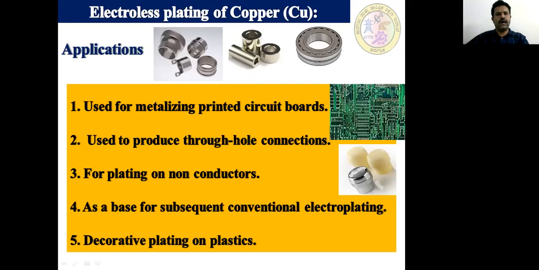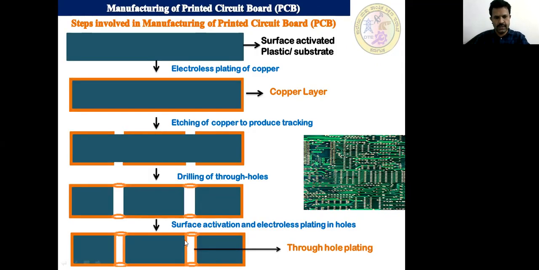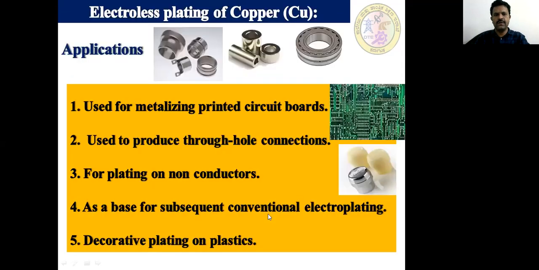If we come to applications of electroless plating of copper, you can see here, it is used for metallizing printed circuit boards, as we discussed now. And electroless plating of copper is used to produce through hole connections. So this is the one, through hole connections. And electroless plating of copper is used for plating on non-conductors.